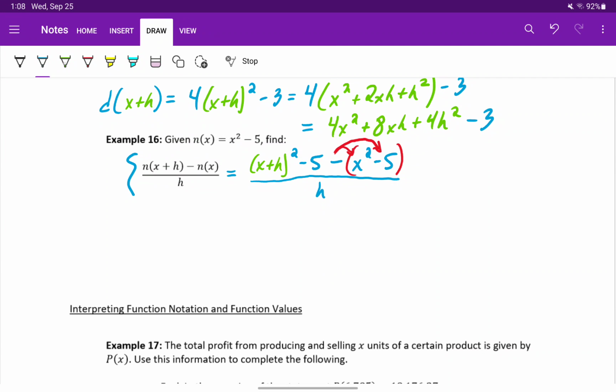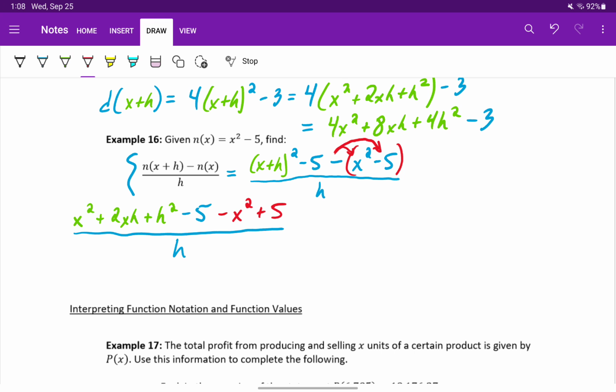From there, we'll expand out x plus h squared to get x squared plus 2xh plus h squared minus 5. And then again, we'll distribute that negative through, so this will become minus x squared and plus 5, all over h.